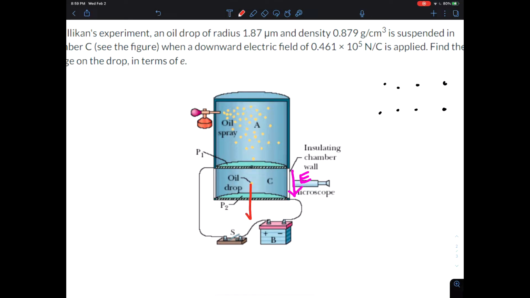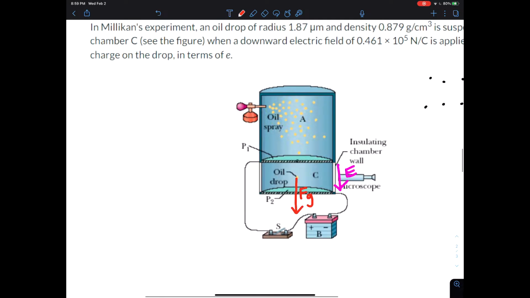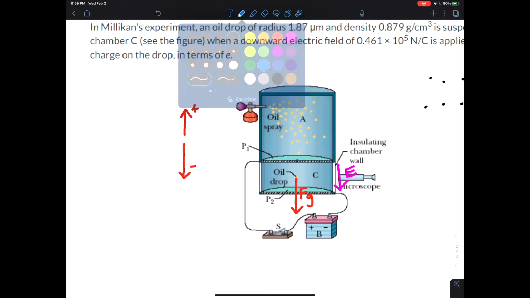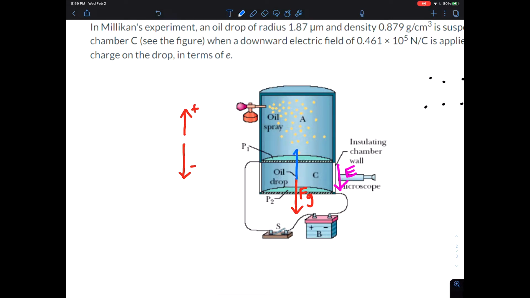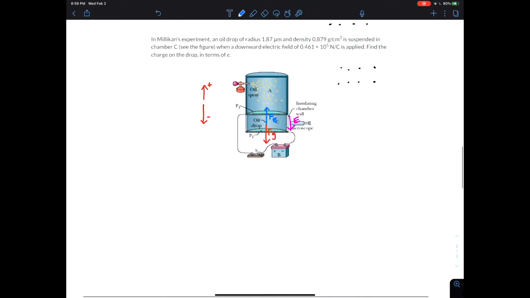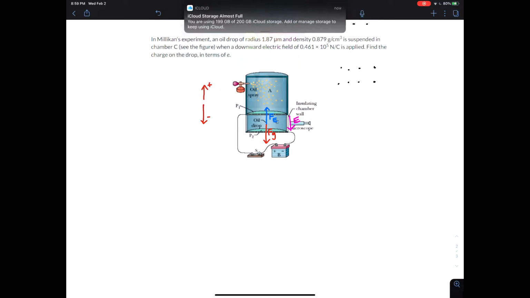And now, there should be a downwards force of gravity on this drop. We'll say up is positive, downwards negative. And on the other side of the drop, there should be an equal and opposite force, the electrostatic force.